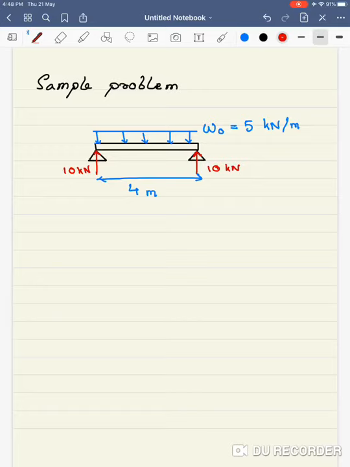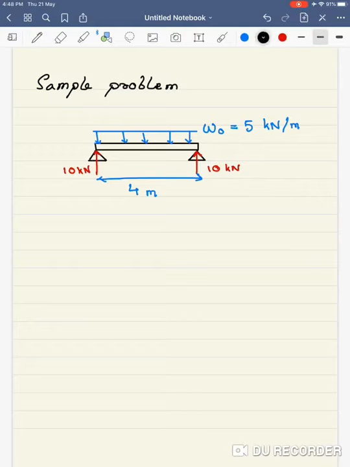The question is, what is the maximum bending stress due to bending that this structure is going to feel? And okay, one more thing I have to give you: what is the cross section like? If you have to find it out, I have to give you the cross section.